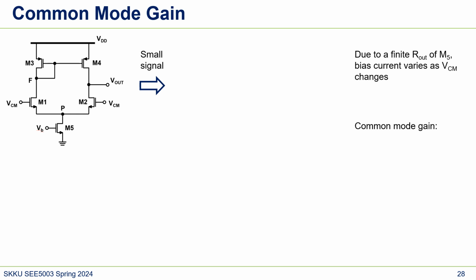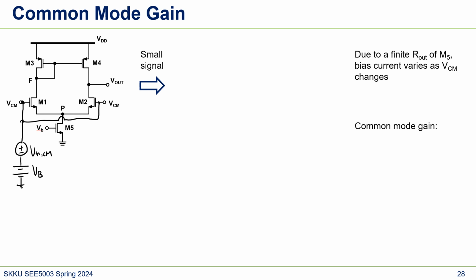And then common mode gain. So here, since we assume that this VCM are connected, what we can do is we just represent it like this: V in CM, right? Well, this is a small signal gain, so we will say V in CM there, and then V, let's say bias.